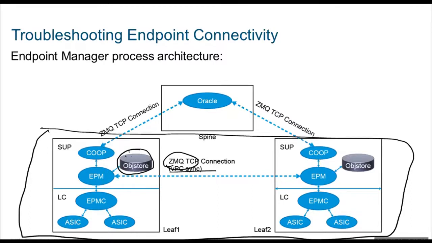And that means it's responsible for also informing the APIC about any endpoints, because this object tree has processes running which communicate with the APIC. It's also responsible for communicating with the COOP protocol. So it can use zero message queuing to inform the Council of Oracles.